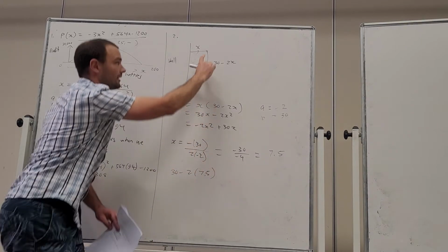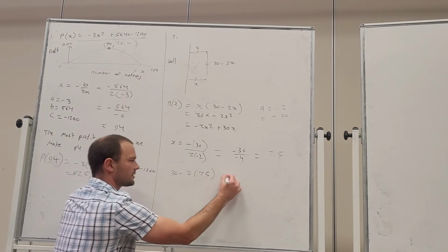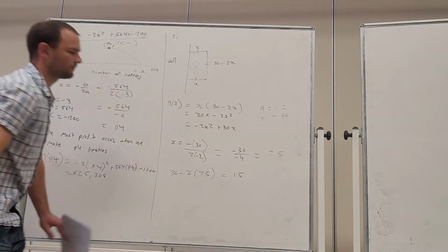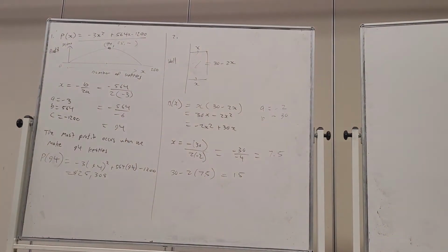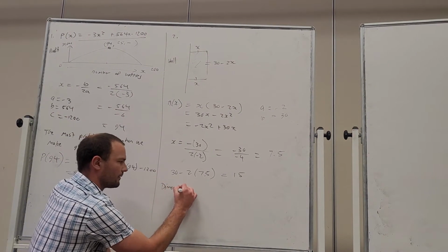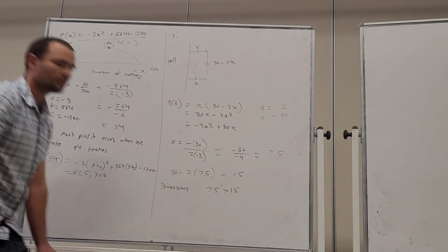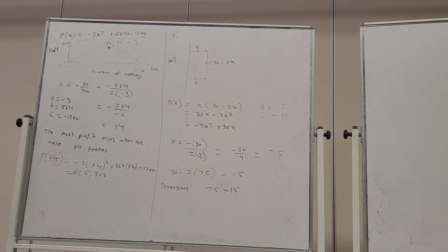I'm trying to work out what this length is. If this is 7.5, this is 7.5. This is going to be 15. Right, 2 times 7.5 is 15. 30 take 15 is 15. So the dimensions of this shape are 7.5 by 15. That's the dimensions that give us the maximum area.